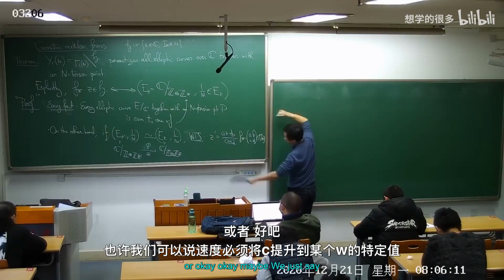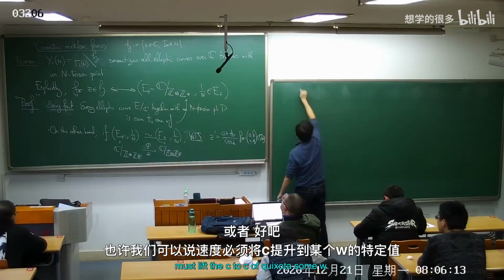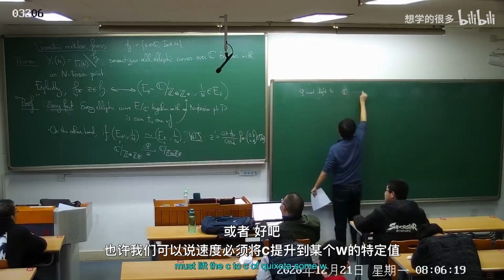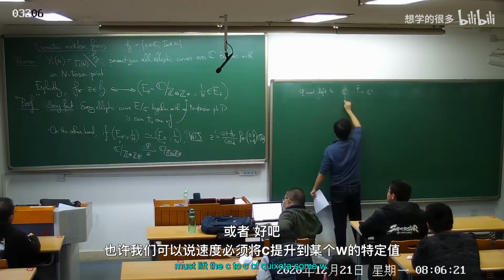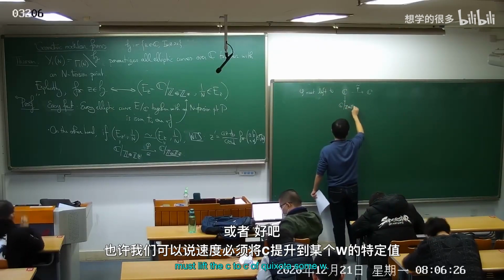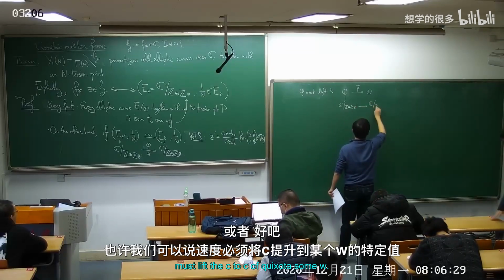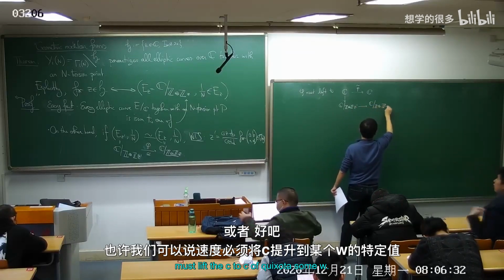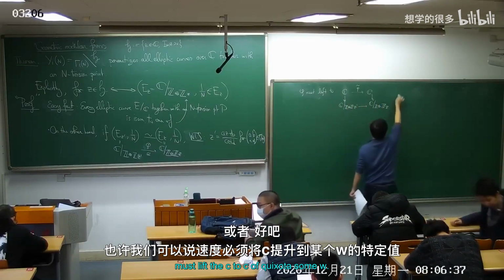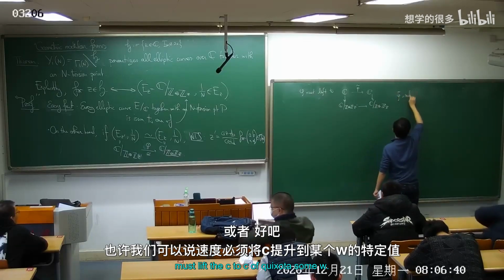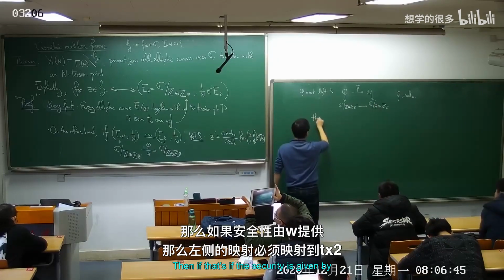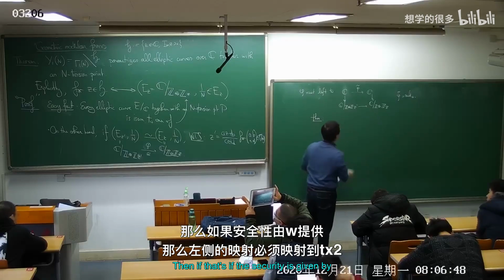Maybe we just say that this phi must lift to a map from C to C, by looking at the tangent space. So this lift is multiplication by some w.